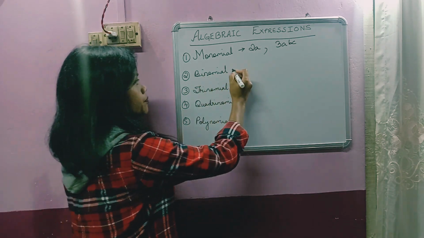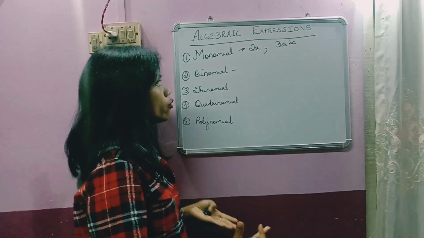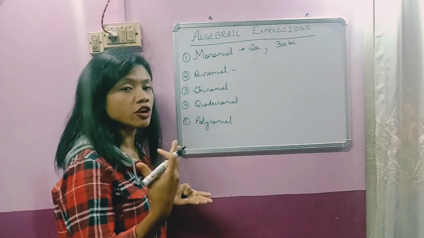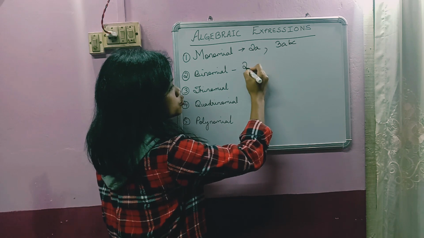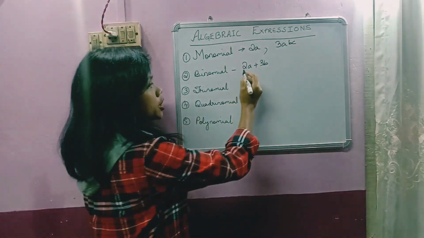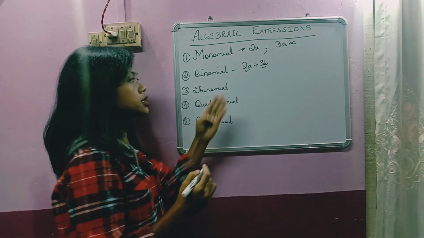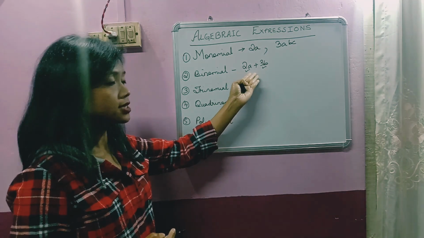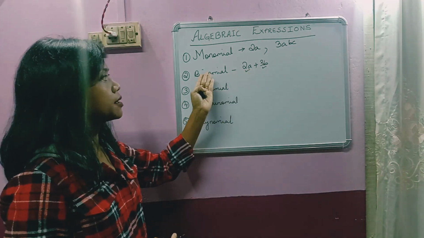Now binomial. A binomial is an algebraic expression that contains two terms. For example, if I give you 2a plus 3b, here you can see that there are two terms, 1, 2. So this type of algebraic expression that has two terms is known as a binomial.